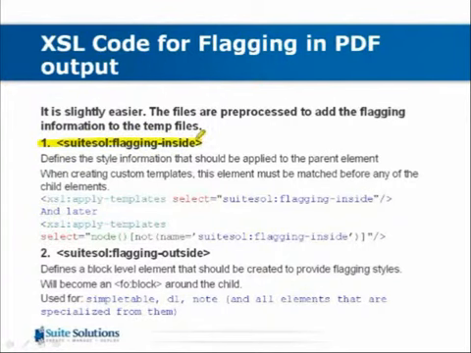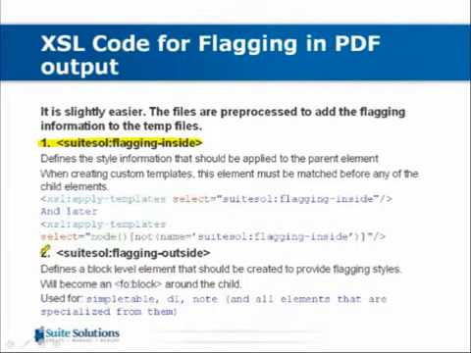Those are for most elements that the XSL code was able to catch, and that defines the style information that's applied to the parent element. If you're going to create custom templates, you must call this one first before calling any other element. It must be matched first. You must call sweet style flagging inside and then apply templates to everybody else. Otherwise, you'll get an error in your XSL code. It's going to apply attributes to your parent.